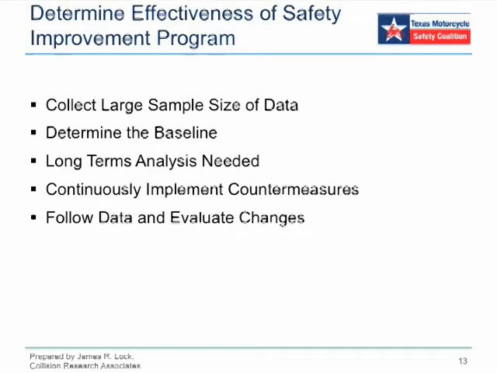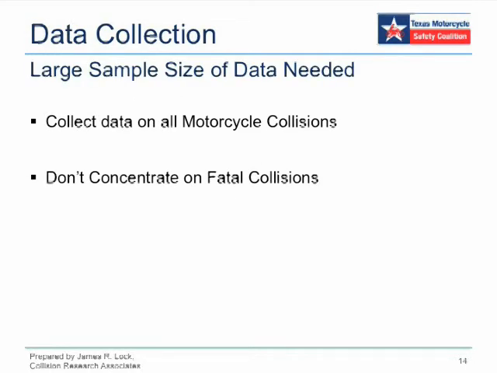Also, by looking at a large sample size and doing investigations, we can collect a large sample size of data, so we have something statistically valid. We can determine a baseline, do long-term analysis, and then we can get people to analyze it. We collect the data, and we don't concentrate on fatals.